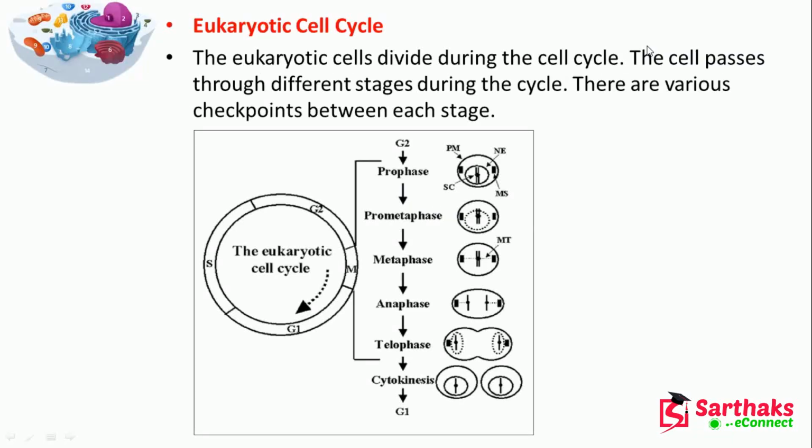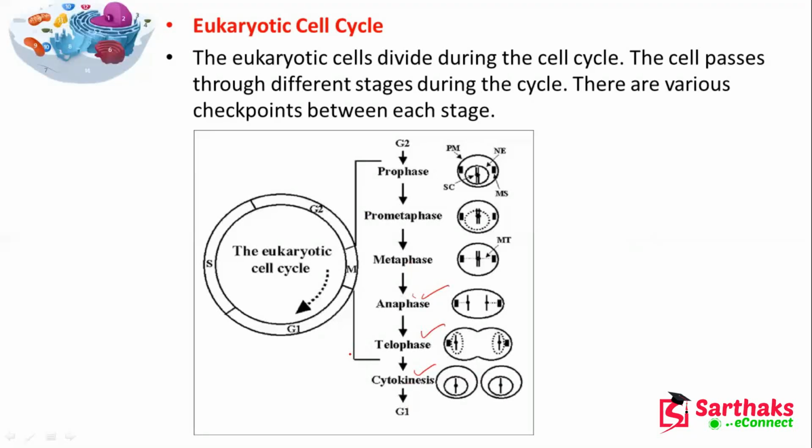In the cell cycle you have prophase, then metaphase, anaphase, telophase, cytokinesis, and G1, G2. There are different phases and we'll discuss all of them.